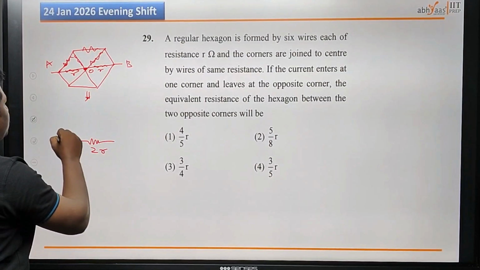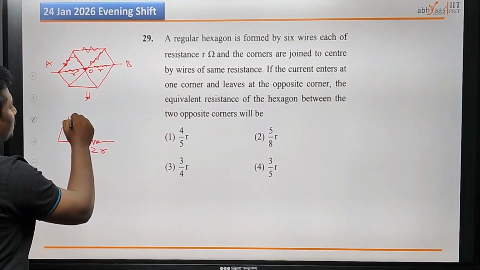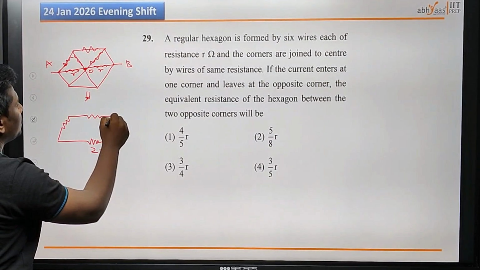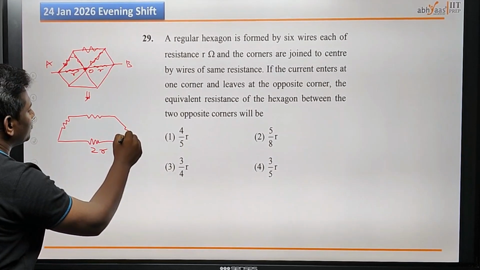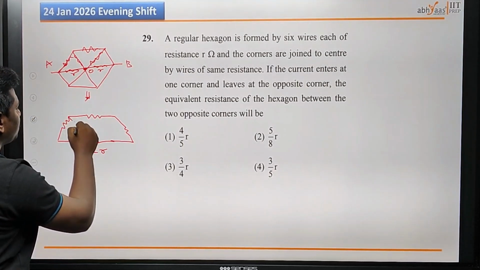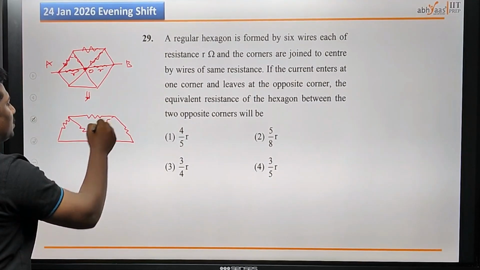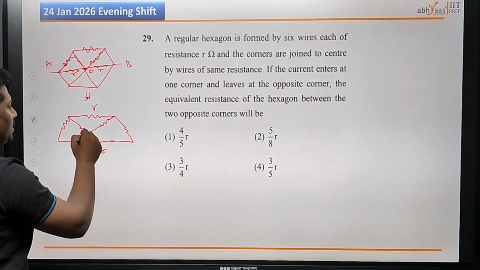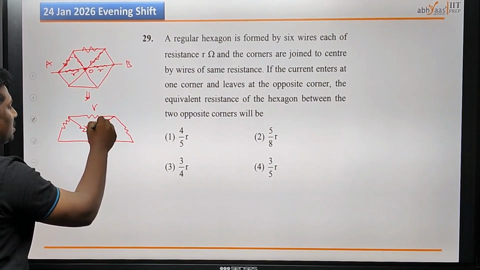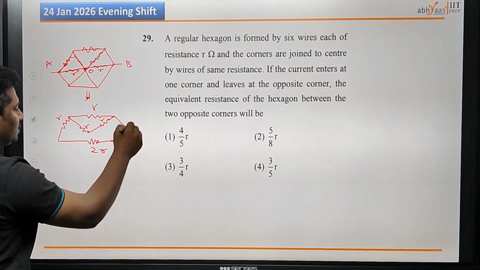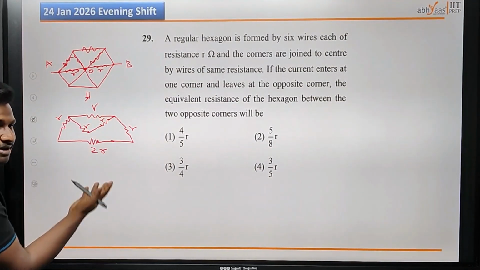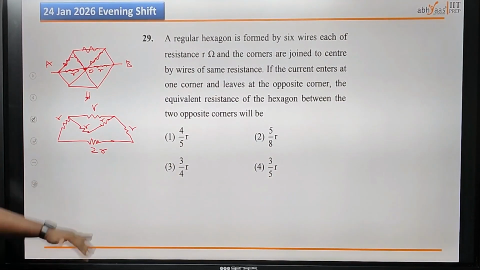One more is there. R, this is total, this is also R. Similarly, we have one more arm here.